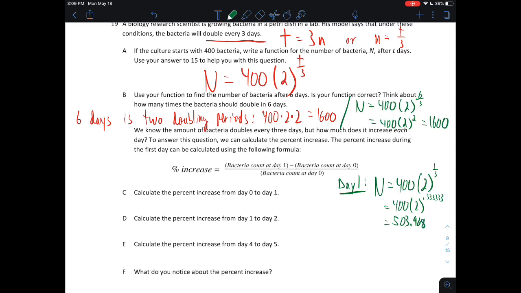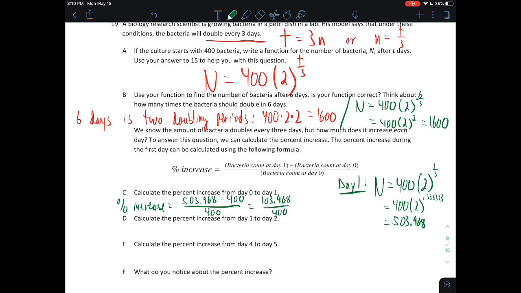So now I'm going to find the percent increase. The percent increase would be the amount at day 1, which is 503.968, minus the amount at day 0, which was 400, and then divide by 400. First, let me do the subtraction. 503.968 minus 400 is 103.968. And then we're going to divide that by 400.